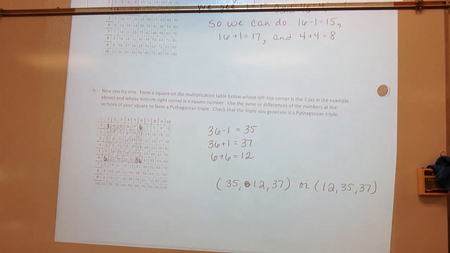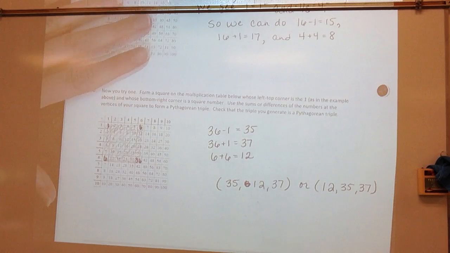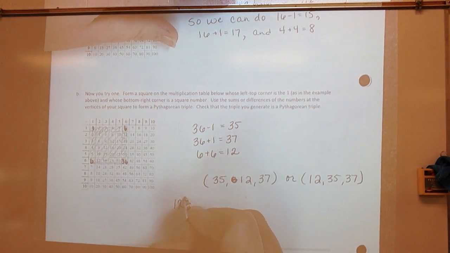All right? Now, how would I prove that? It says check the triple to see if it works. All right? So now I would have to know, how do I check that? Well, 12 squared plus 35 squared would equal 37 squared.